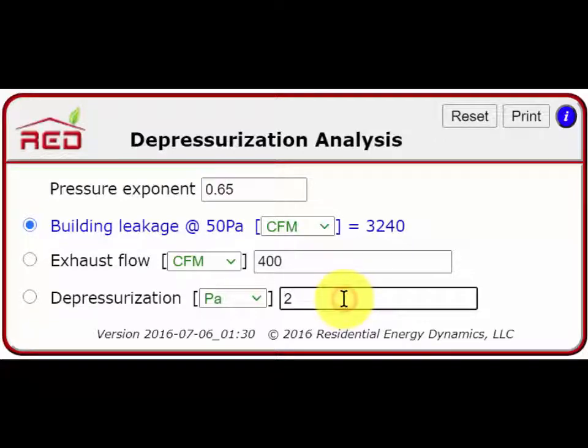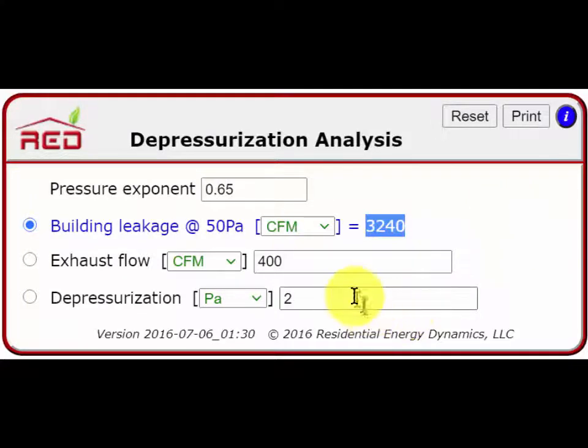In all cases with depressurization, even though it is in reality a negative number, enter your numbers here as positive. So we can see here that our result for the depressurization tightness limit is 3240 CFM 50. That's quite a loose house.